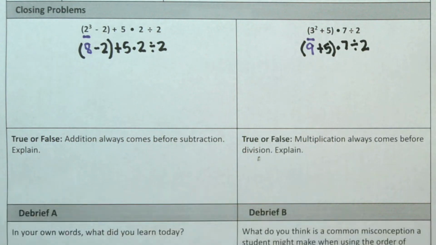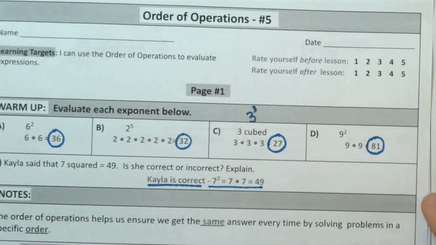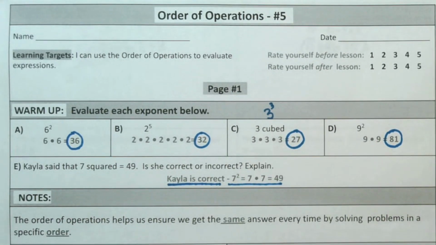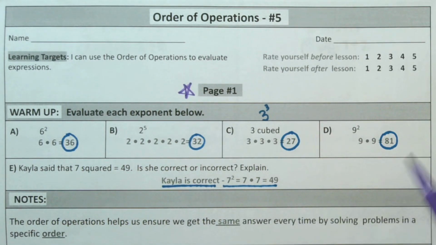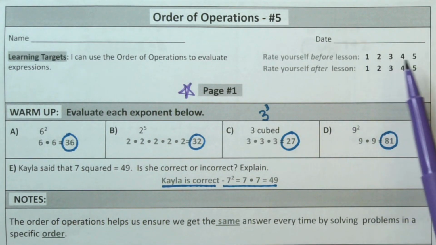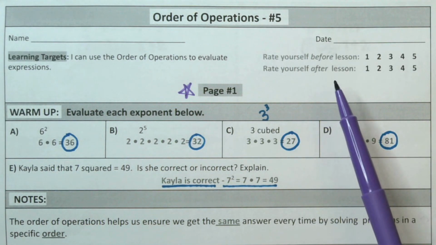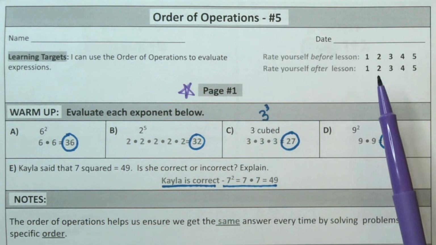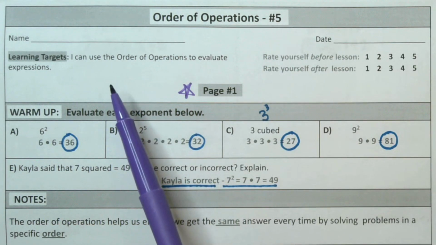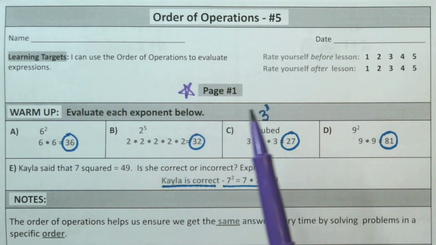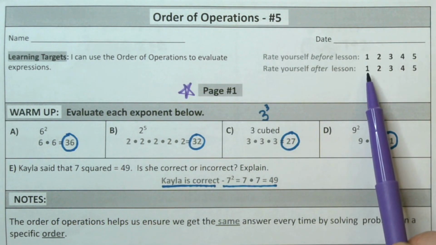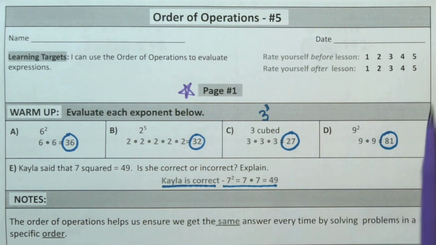What I want you to do is flip back to page number 1. At the beginning of this lesson, we rated ourselves 1 through 5. Now that you've gotten some more practice, I want you to rate yourself and how confident you feel about our learning target. 1 is the least amount of confidence, 5 is the most confidence.